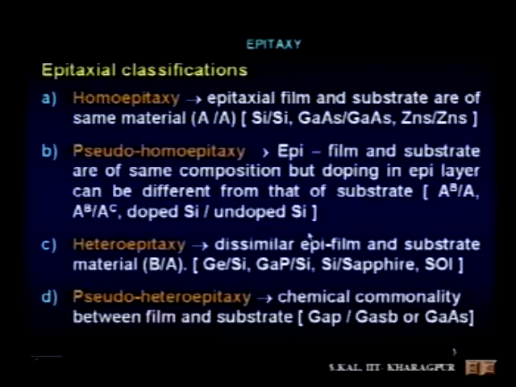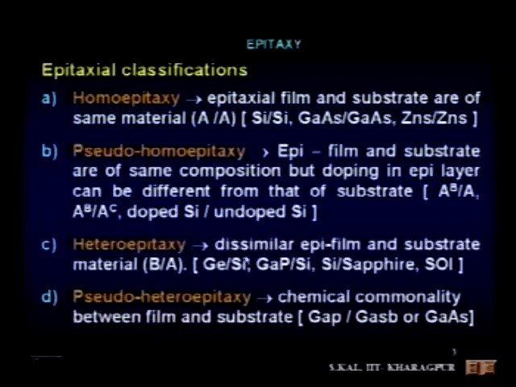That means this particular class, pseudo-homoepitaxy, is basically a homoepitaxial method, but the only difference is that the doping impurity may be different. Third category is heteroepitaxy.